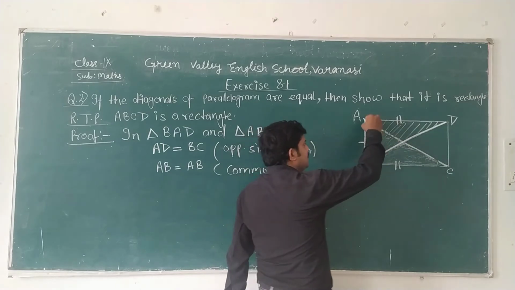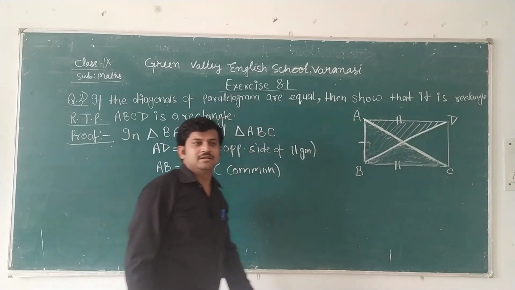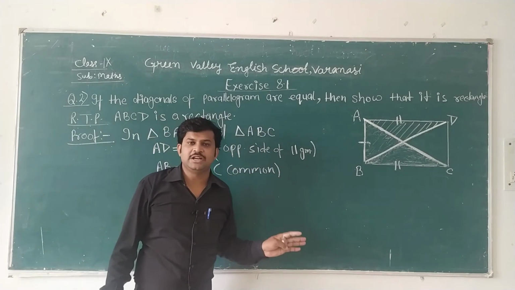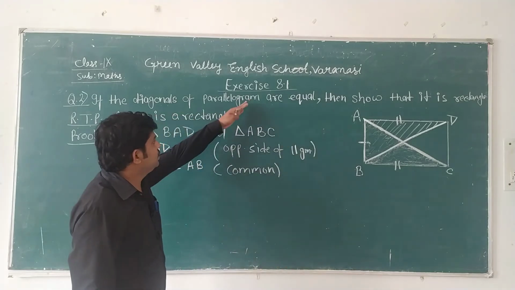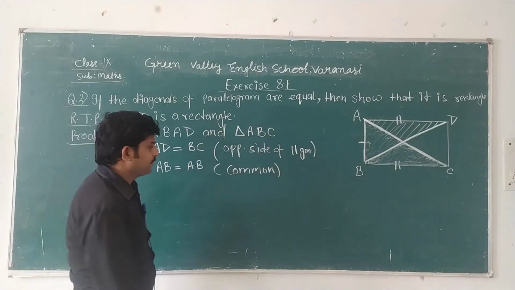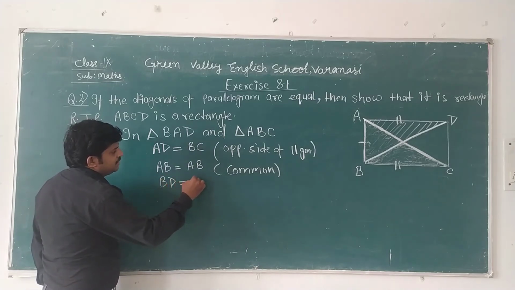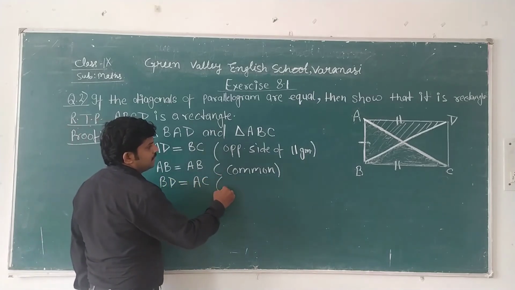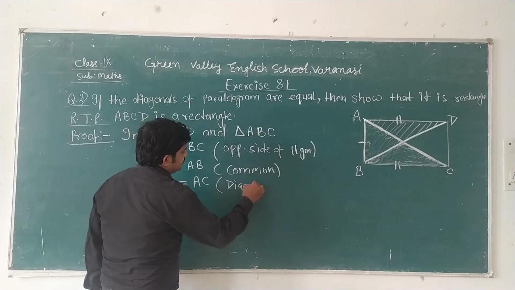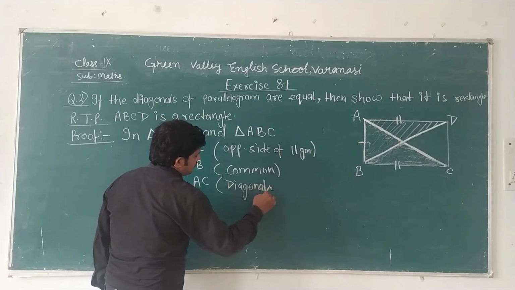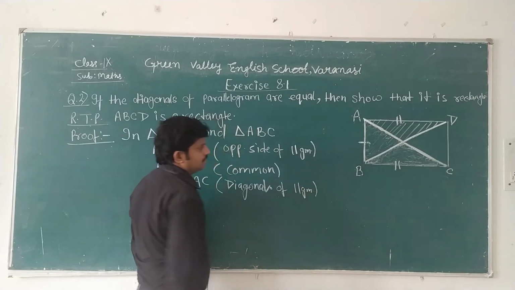And BD is equal to AC, because both are diagonals and both diagonals are equal according to the statement of this question. We write BD is equal to AC, diagonals of the parallelogram.